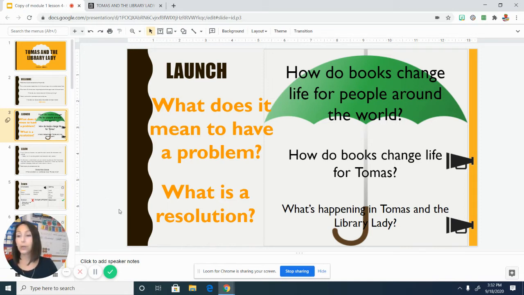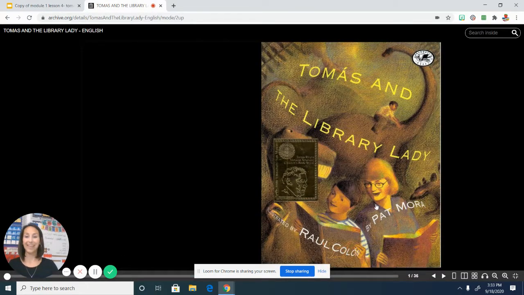All right, so we are going to go back into the text. We're not going to reread it, but we want to look and see if we can figure out what the problem is in Tomas. Sometimes stories can have more than one problem, or there can be little problems along the way, but we want to look for the big overall problem in this text.